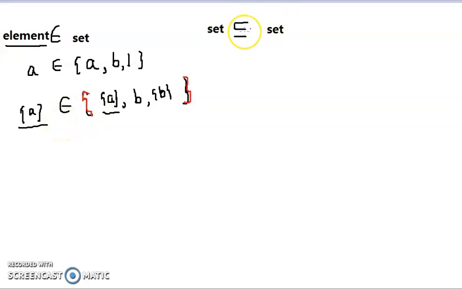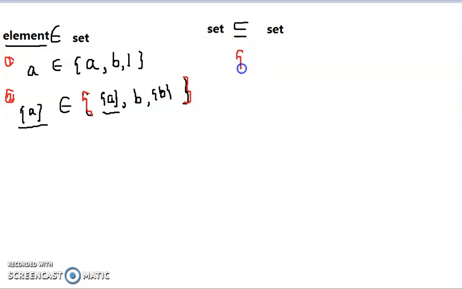Like we said, the symbol on the right hand side, you can read it as a subset or contained in, and it can only be used for two sets. So the first case we just talked about won't happen for contained. Let's look at an example.